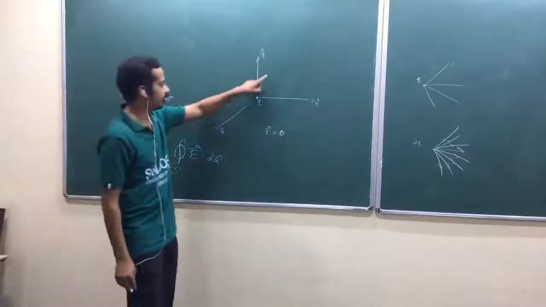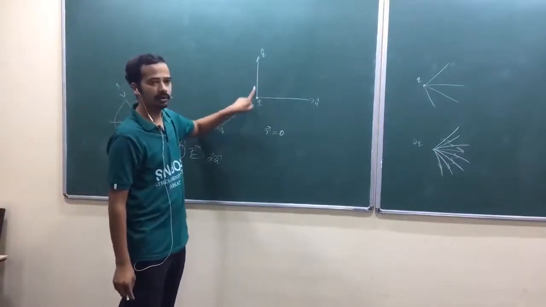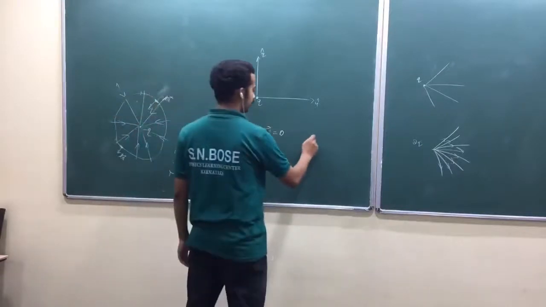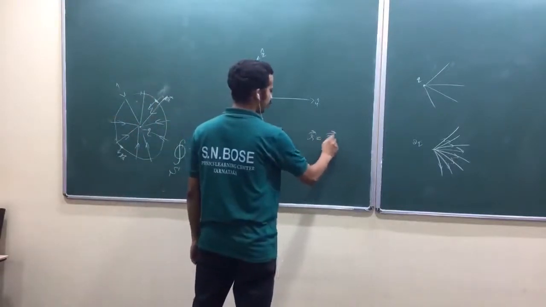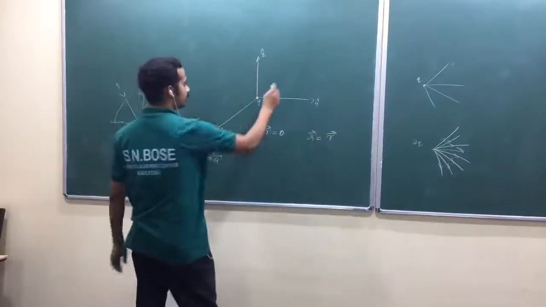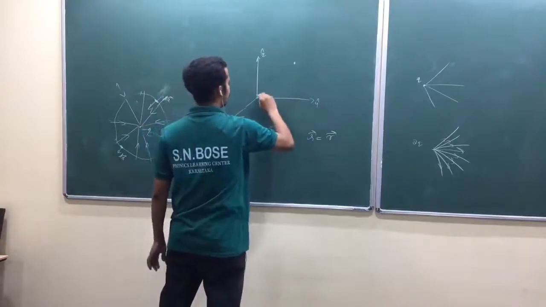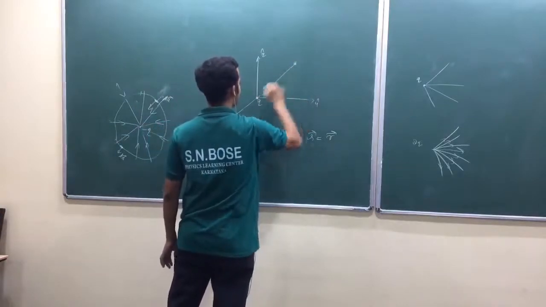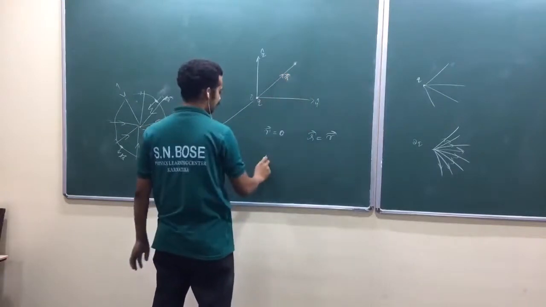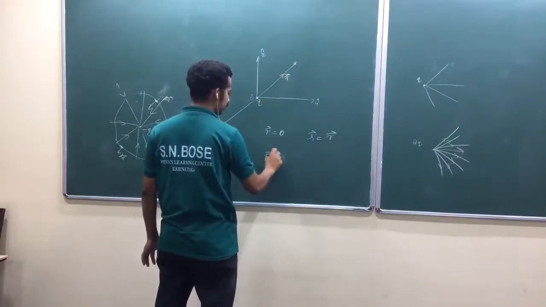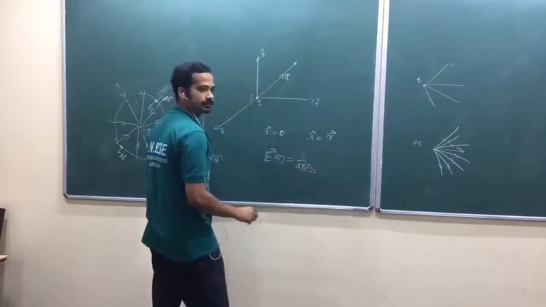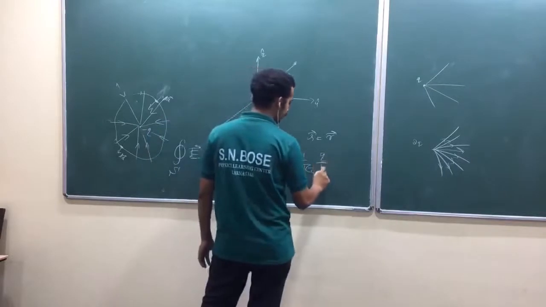If the charge is away from the origin, you write the vector from the origin to the source charge as R prime vector. So here your italic R vector is equal to R vector, and R prime vector is a null vector. Now if you write the electric field at any point at a distance R from the origin, the electric field at R is equal to 1 by 4 pi epsilon naught, Q by R square, R cap.